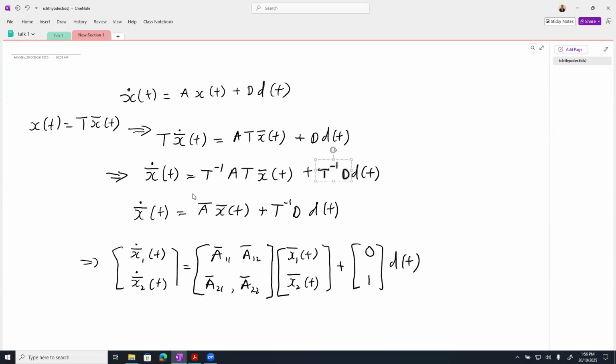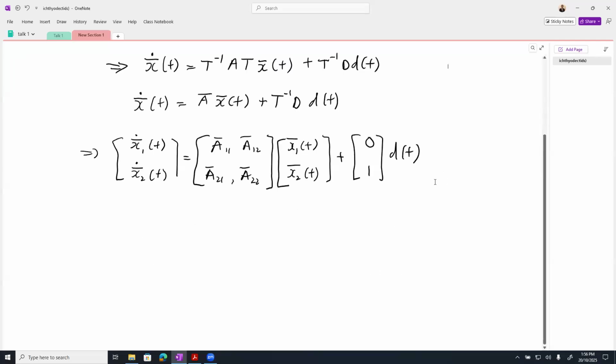And then by letting x bar and partitioning it according to this form, we obtain this expression. Now, the significance of this inverse T times D is that we got this special structure.